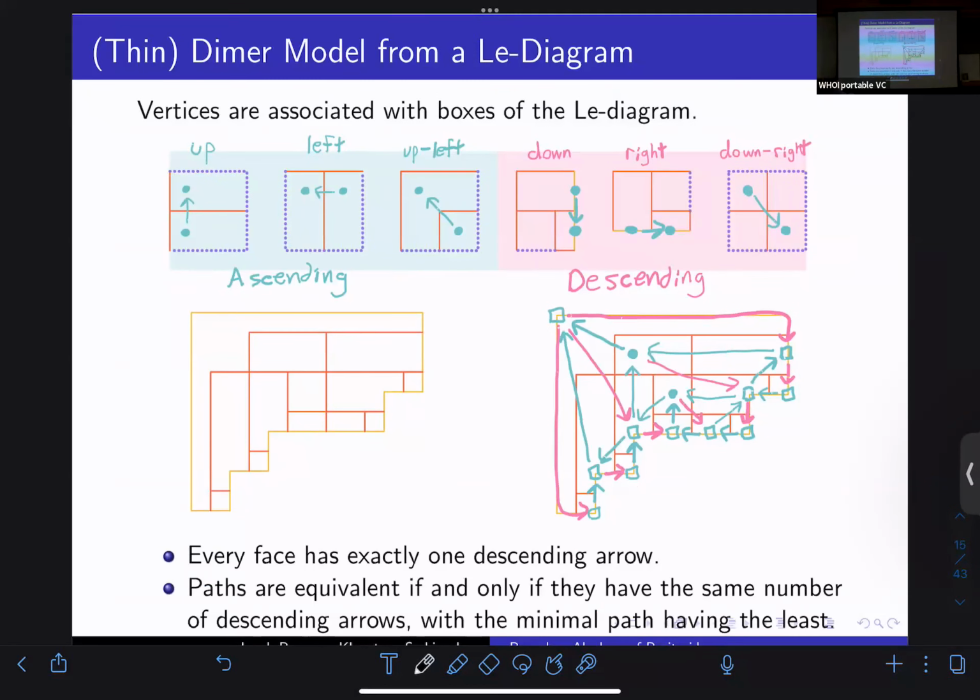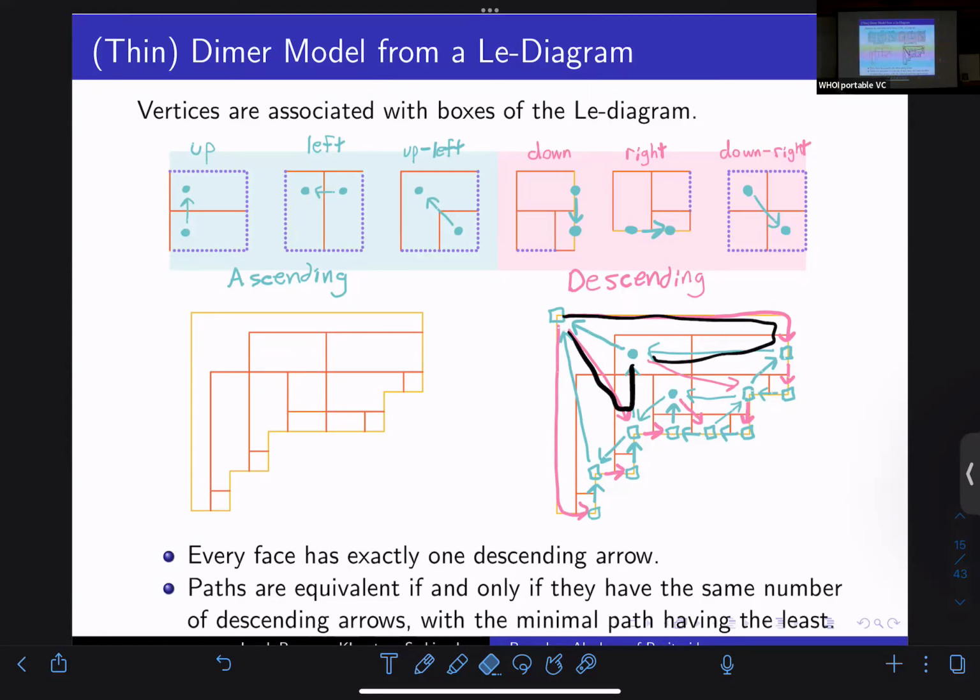And if we think about our dimer relations, we're always substituting one return path for another. And since each face path has exactly one descending arrow, this is going to preserve the number of descending arrows. And well, we're thin, so any path is equivalent to a minimal path plus some face paths.